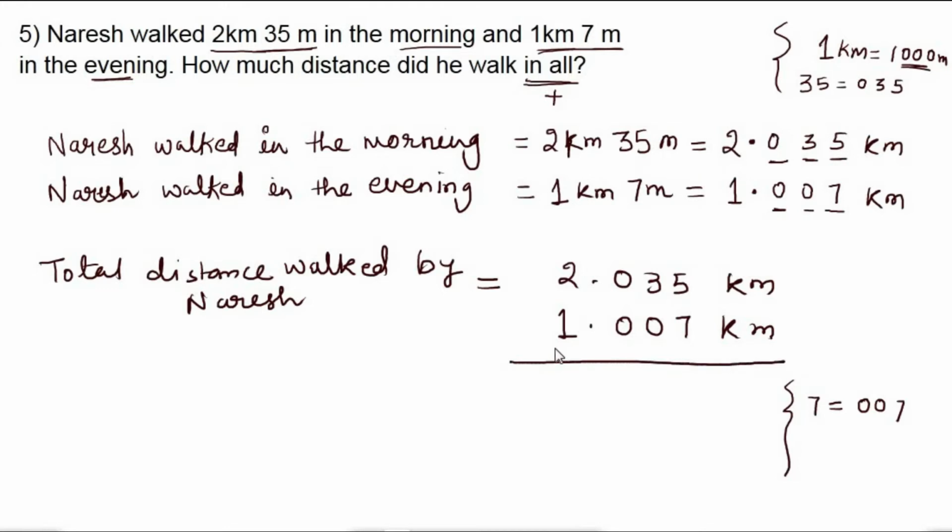Now we need to add these two numbers. So 5 plus 7, that is 12, 1 carry, 1 plus 3, 4, 0 plus 0, 0. We will keep the decimal point at the same place. Then 2 plus 1, 3 kilometer. So here is our answer, that is 3.042 kilometer, which is the total distance covered by Naresh.